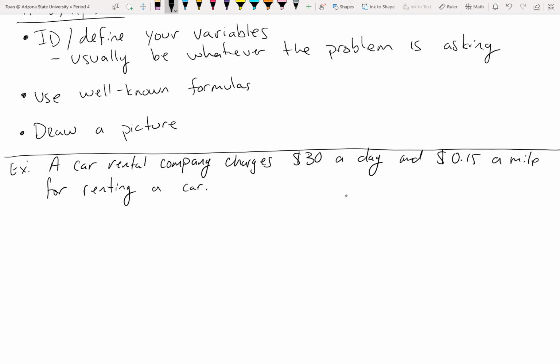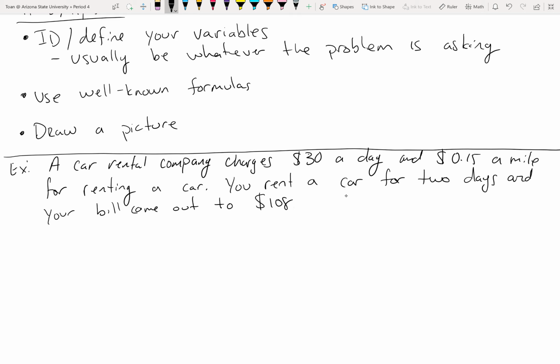What else is a car rental company going to do? You rent a car for 2 days, and your total bill came out to $108. How many miles did you drive?